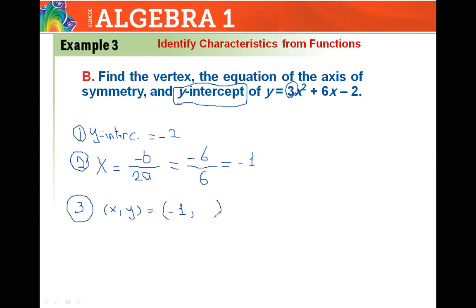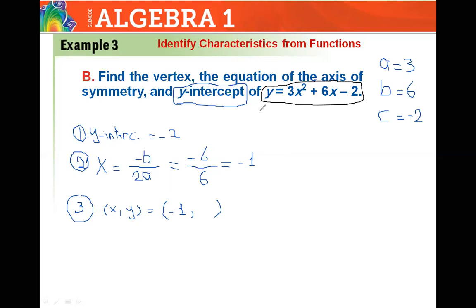The value of y, we get it from the equation. That is the y-intercept, sorry. So we substitute in this equation. Together now: instead of x, I put negative 1.